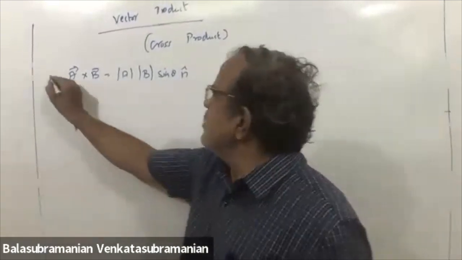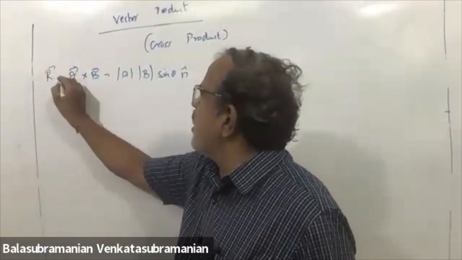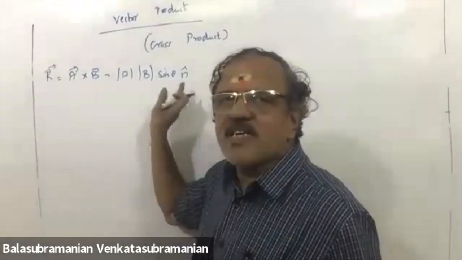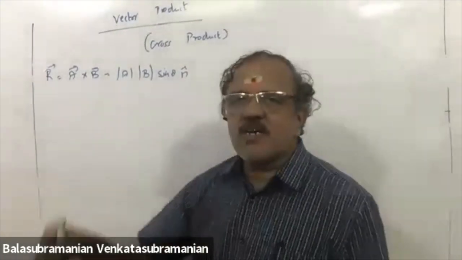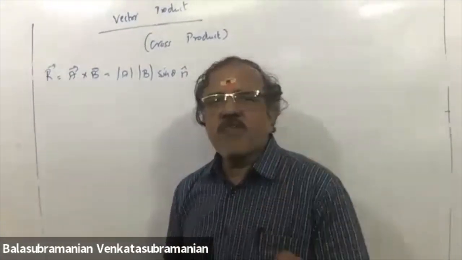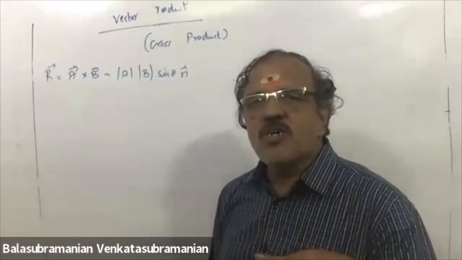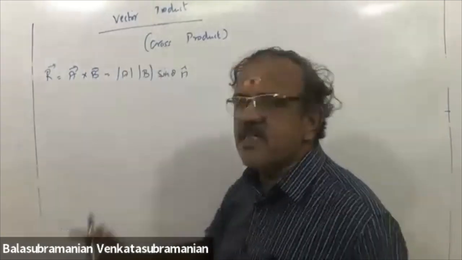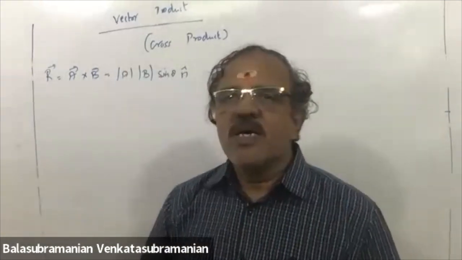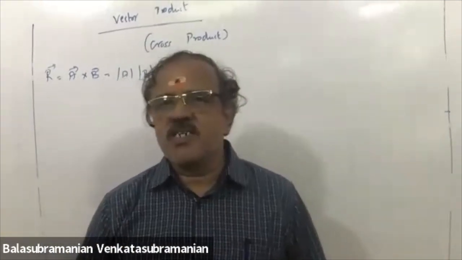So resultant is R vector. How will you represent that vector in the resultant here? So we are multiplying by unit vector. Unit vector shows only direction. This is the magnitude: AB sin theta is the magnitude. N cap will give you the direction.